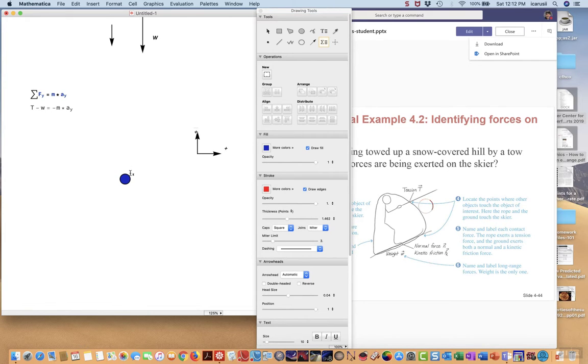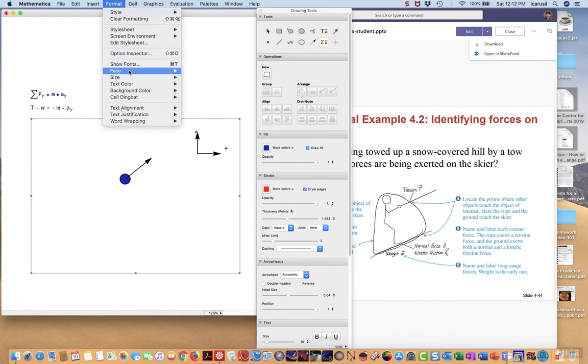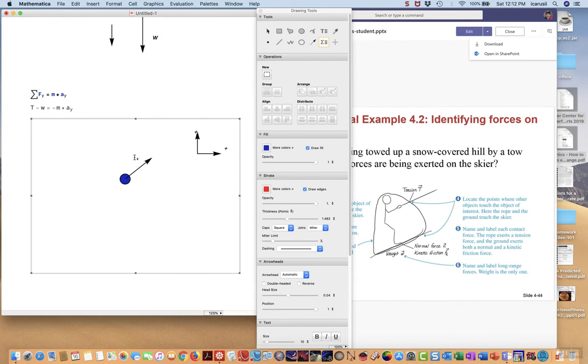Am I doing myself a favor? Well, maybe. Let's see. So now let's draw it out. I have a tension acting on the skier, so here's the skier. And I'll just draw an arrow heading up the hill. So there is my arrow, and there's my tension. So there's tension.